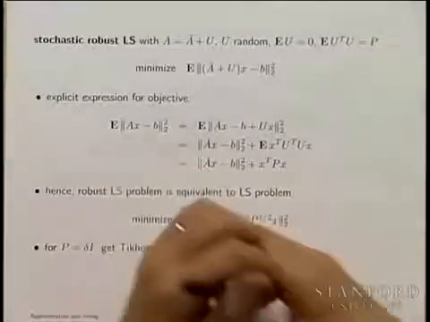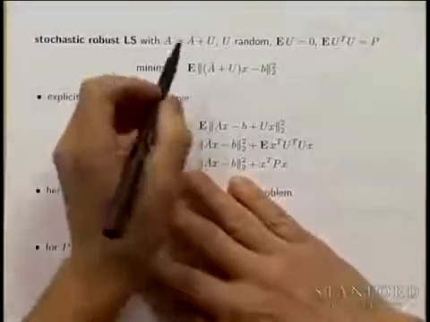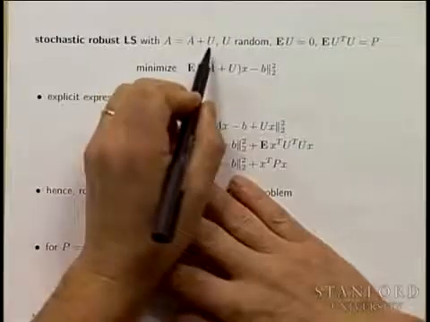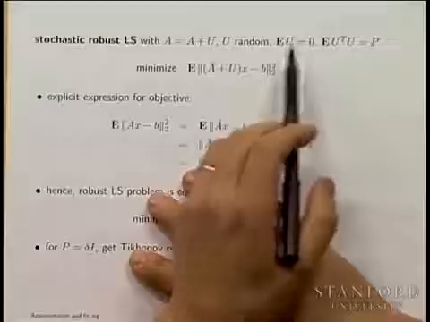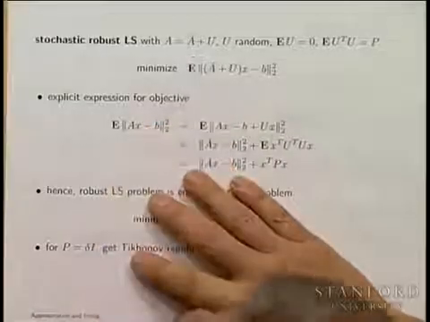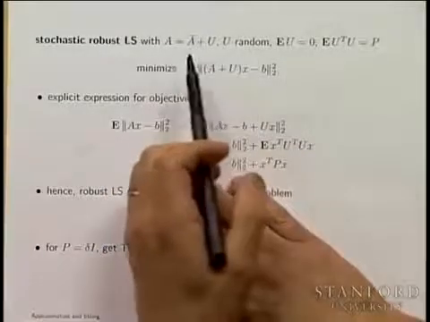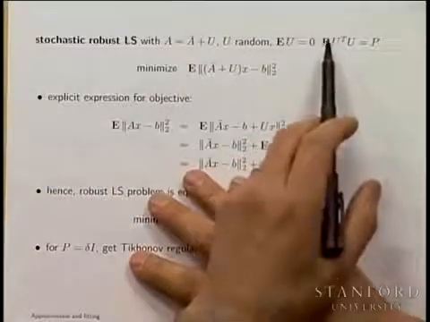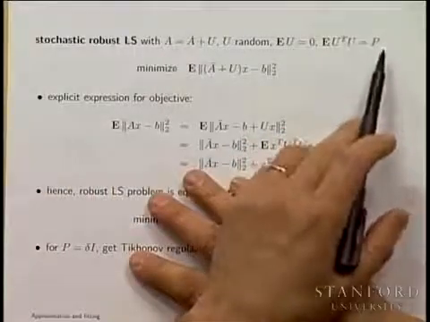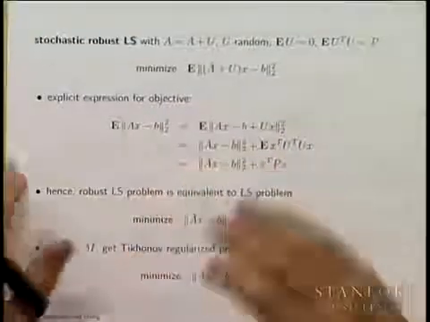The stochastic robust least squares is actually kind of easy. Let's take A as A bar plus U, where U is random, with zero mean, because if it didn't have zero mean, I could plug that into A bar. So, in particular, the expected value of A is A bar. And we'll have the expected value of U transpose U as P. Okay, that's actually all we're going to need.